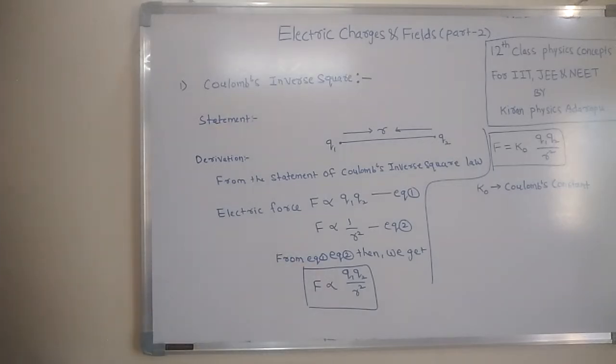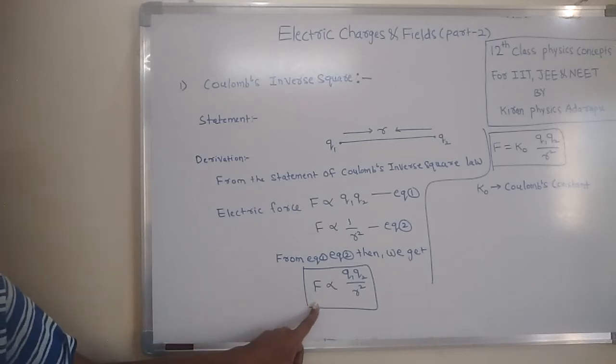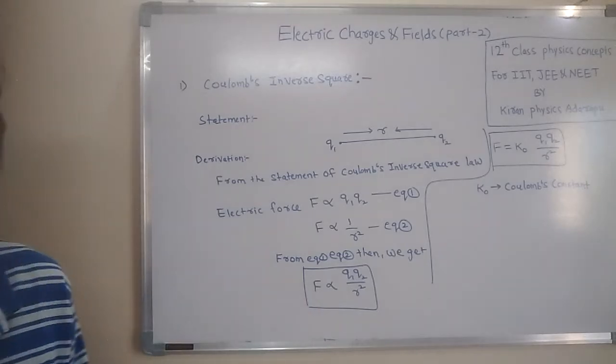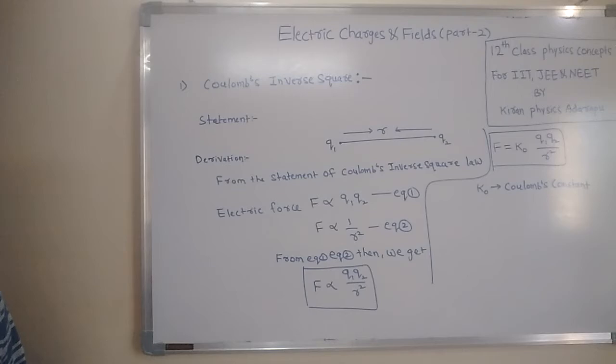That's why we have to introduce one more constant in this expression, because electric force also depends upon the nature of the medium. One proportionality constant is required, and that proportionality constant is indicated by epsilon naught. For example, these two charges are placed in free space. Free space means a vacuum or air medium is considered free space.